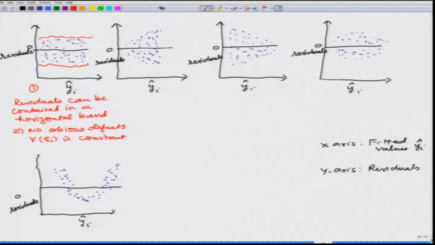Similarly, in the second case, if you see, we have here a trend in which I can contain all the points in a sort of outward opening funnel. Right. So, in this case all the points can be contained in an outward opening funnel.